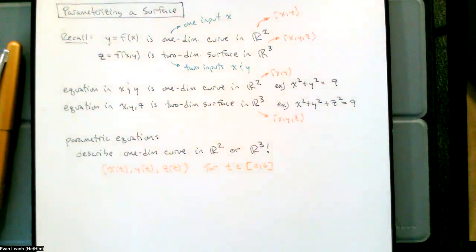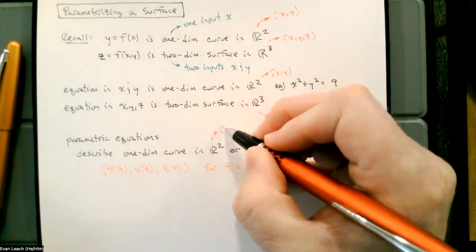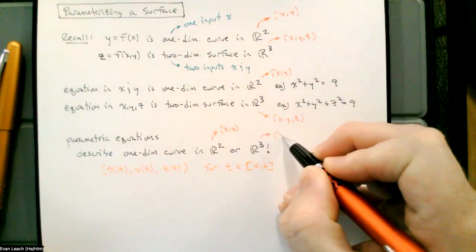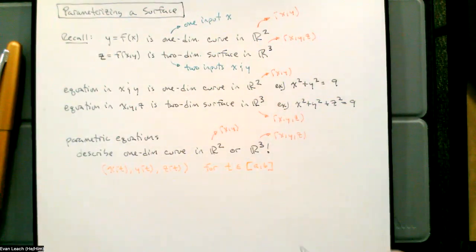We're defining the coordinates as functions of some parameter that's sitting outside of our space. That's the important thing. R2 is still just x and y. R3 is still just x, y, and z. T is sitting outside of our coordinates.